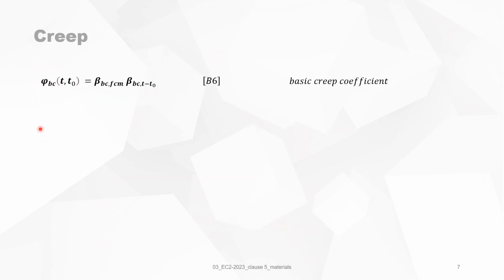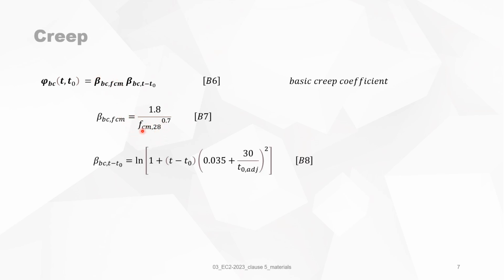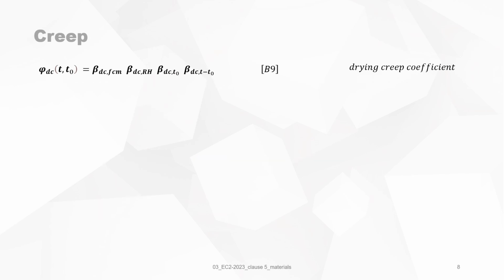The basic creep coefficient now is given by formula B6, and the first part is a function of fcm, and the second part is a function of t minus t0, which is in fact the duration of loading, because the load starts at t0 and t is the time considered to calculate the creep coefficient. And you see also here there is t0 adjusted, so we have to adjust the time of loading. We will see just now how to do it.